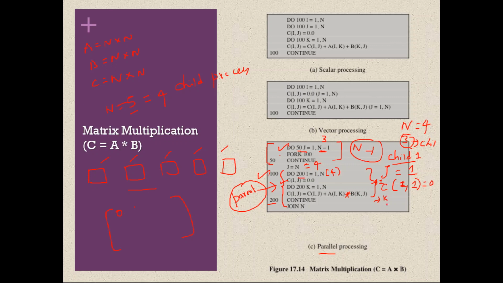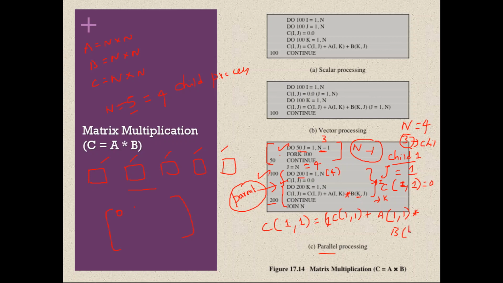For the k loop we calculate C of I comma j. I is 1, j is also 1, so C of 1 comma 1 equals C of 1 comma 1 plus A of 1 comma k. Currently k is 1, as k repeats from 1 to n. A of 1 comma 1 into B of k comma j. What is k?